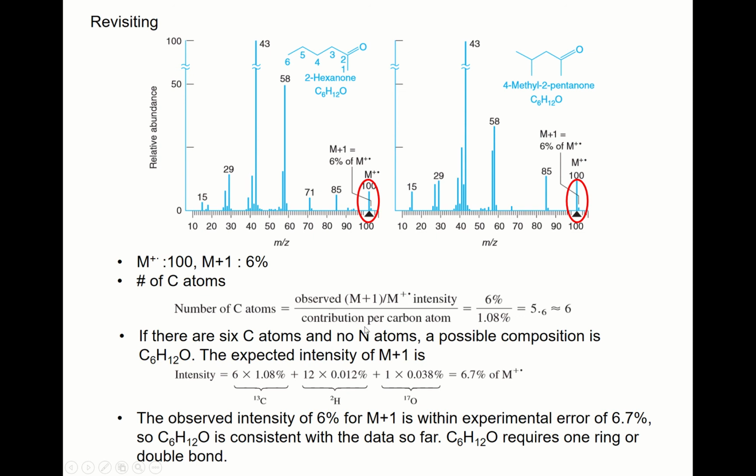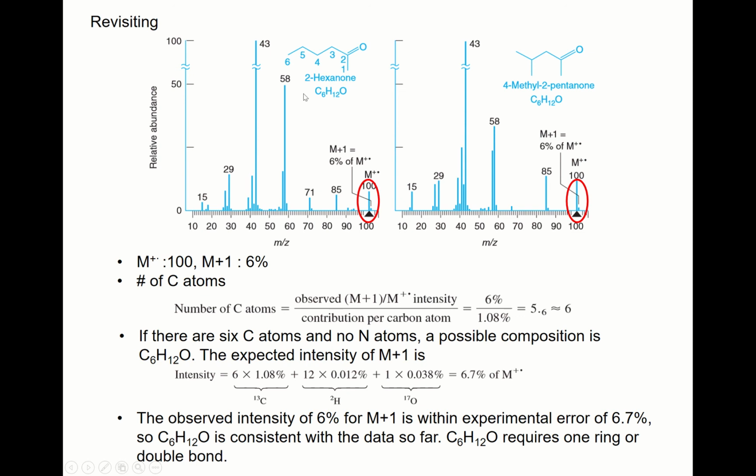We first calculate the intensity ratio of these two peaks, and then divide by the contribution per carbon atom, which is 1.08%. You see, the relative abundance of carbon 13 is only 1.08% when we set carbon 12 as 100. It gives 5.6, which is close to 6. So we can say this compound contains 6 carbon atoms.